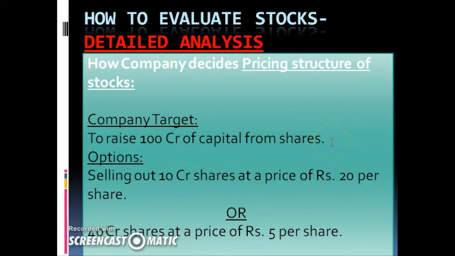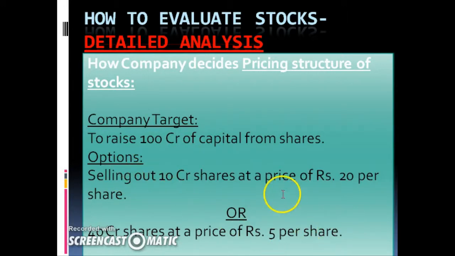Now the company has two options: selling 10 crore shares at a price of 20 rupees per share, or 40 crore shares at a price of 5 rupees per share. If you see both options, the company has achieved its target, but has it really provided something extraordinary?